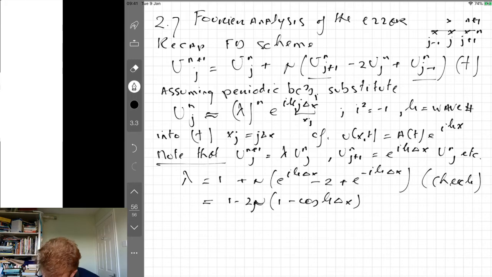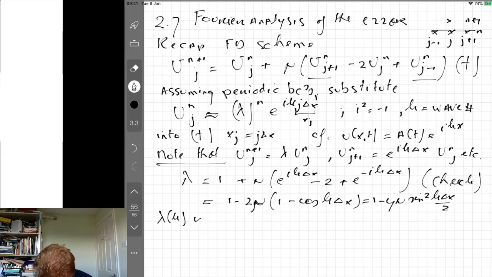You take out the 2 and put the minus in, you see that that's the case, and this is 1 minus 4 mu sine squared of k delta x over 2. Lambda is now seen to be a function of k. Lambda of k is the amplification factor.